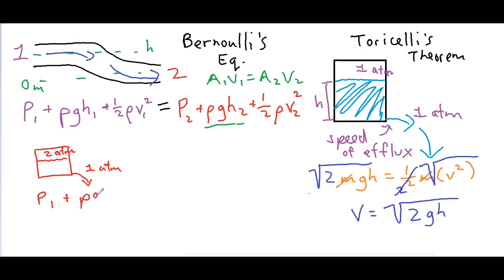plus a rho GH. Okay, we don't have any initial velocity in the beginning here, so we can get rid of this 1/2 rho V1 squared, and then P2 plus, and then we can get rid of the rho GH2 here now that it reaches its minimum height within the container, and that equals 1/2 rho V2 squared.